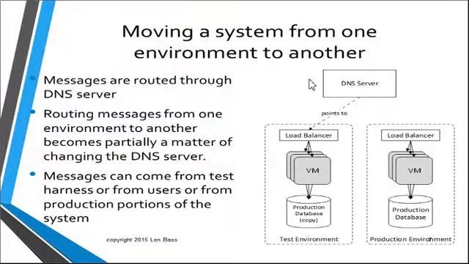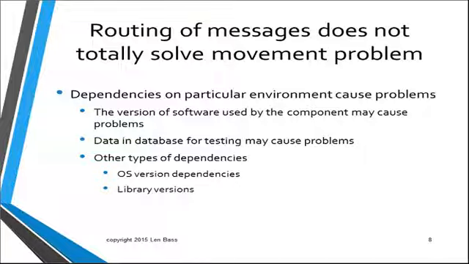By changing the time to live, making that small, you can change the DNS server so that the messages that would have been routed to one environment, after the time to live expires, will be routed to a different environment. And the messages can come from test harnesses or from users or from other portions of the system. This doesn't totally solve the movement problem, it's just an aspect of it.